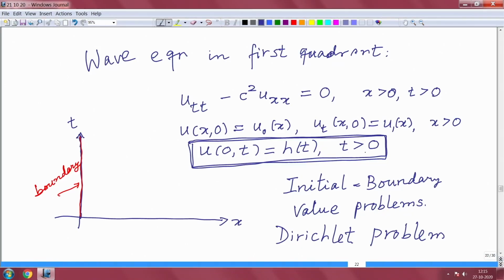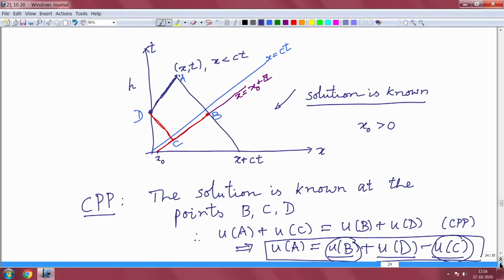In that case, there is a simple way of obtaining the formula by converting the problem into the entire line problem.